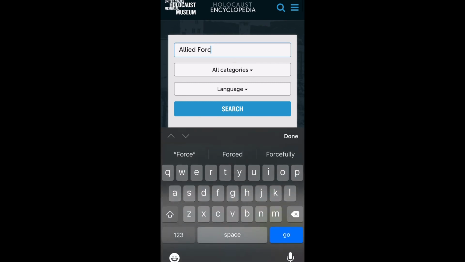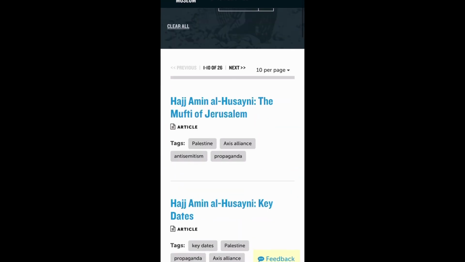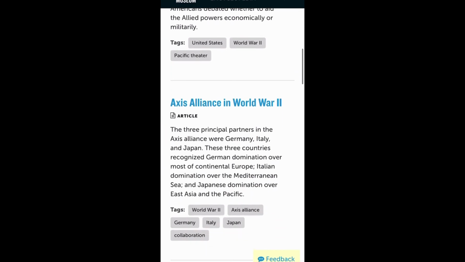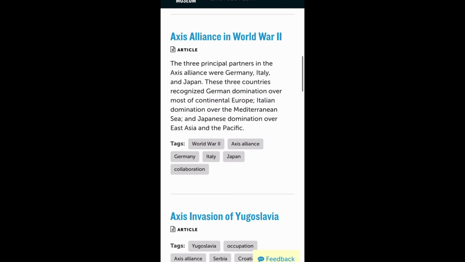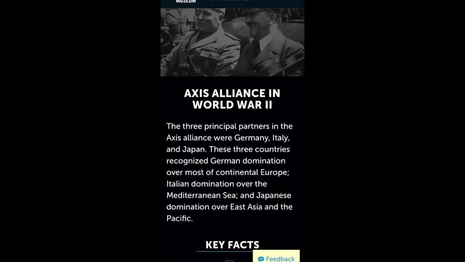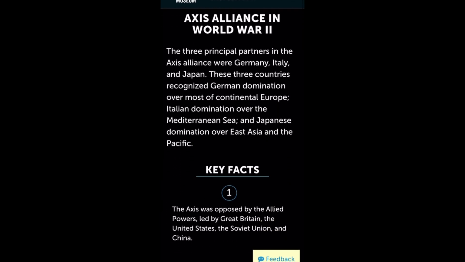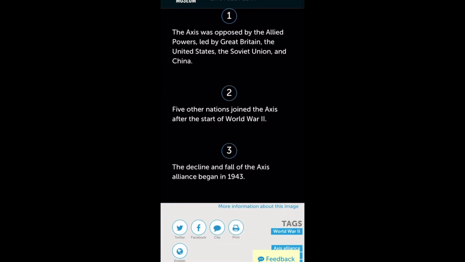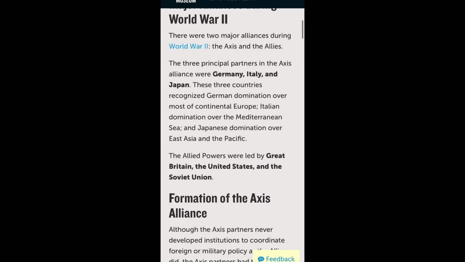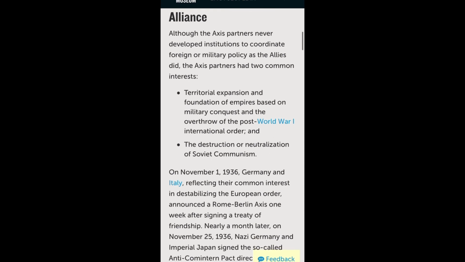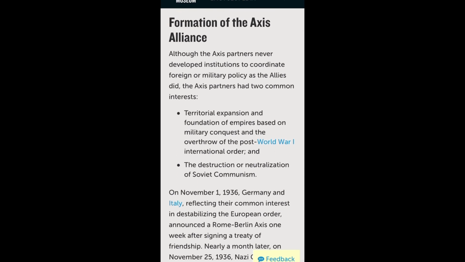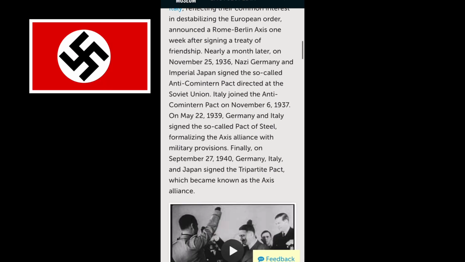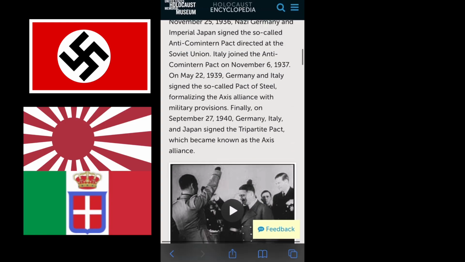And you can also search up the Axis powers, in which you can find every single detail about World War II, especially the Axis alliance, which is a very interesting one, in which instead of the Soviet Union, which they left for the Allied forces, you can see here where they joined forces with Japan and Italy.